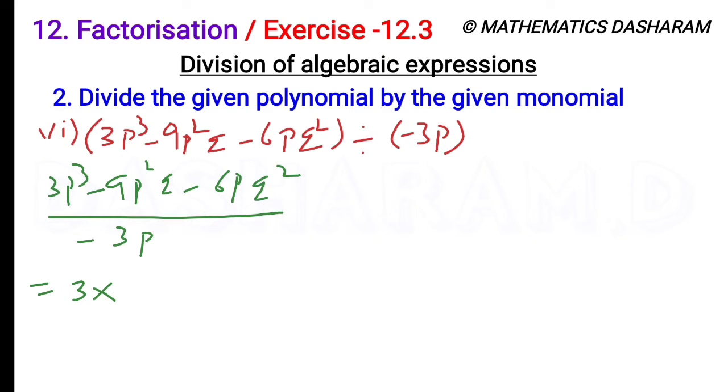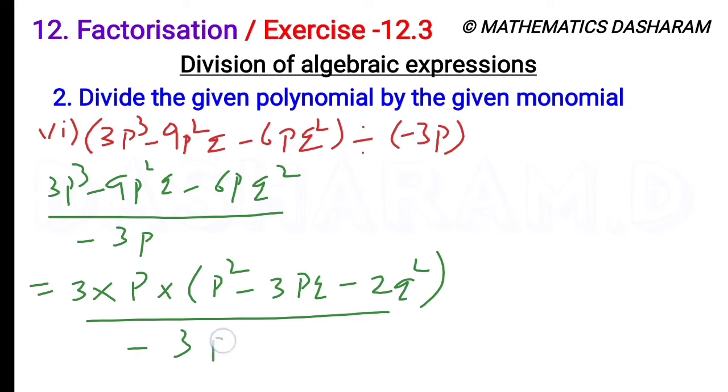So the maximum common is just p. Now open the bracket: out of 3p cube, 3p is a common, so p square will be there. 9 in 3 table 3, so p square q, pq will be there, minus 6 in 3 table 2s are pq square, so 1q square will be there, divided by minus 3p.